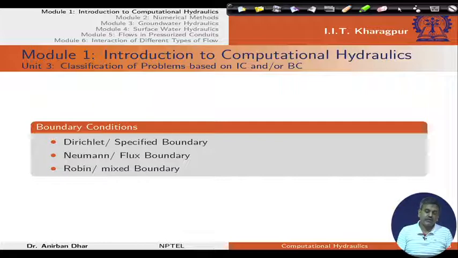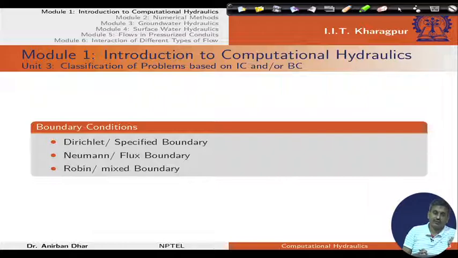In unit 3 we discussed the classification of problems based on initial and boundary conditions. We started with boundary conditions: Dirichlet or specified boundary, Neumann or flux boundary, and Robin or mixed boundary condition.